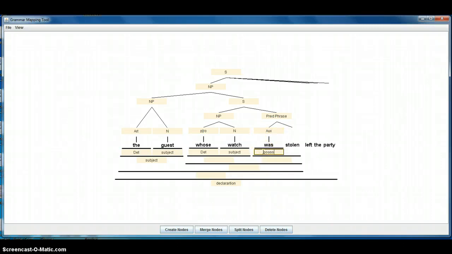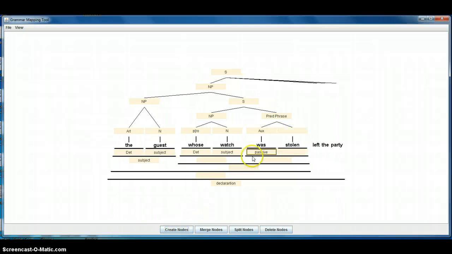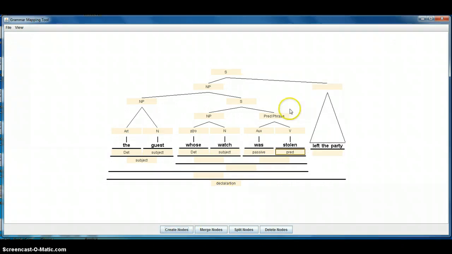This is passive. This is the lexical verb, which is the verb, and then this is the predicate, as we know. So now we're closing the S, and now we have another predicate phrase, and this is actually the predicate of the main clause, which is left the party.